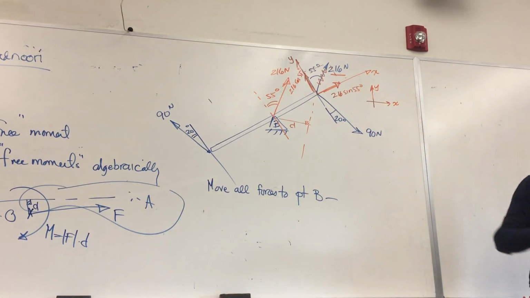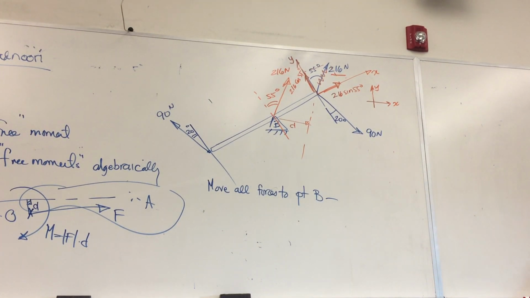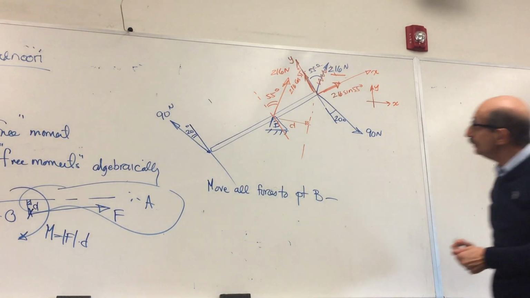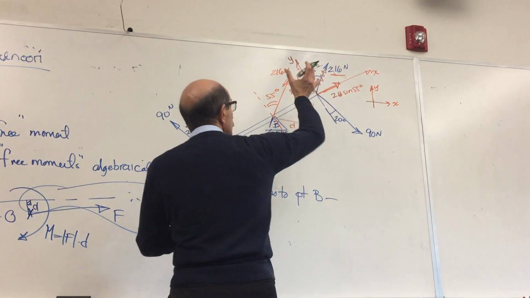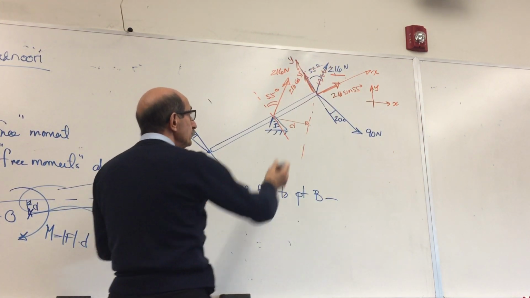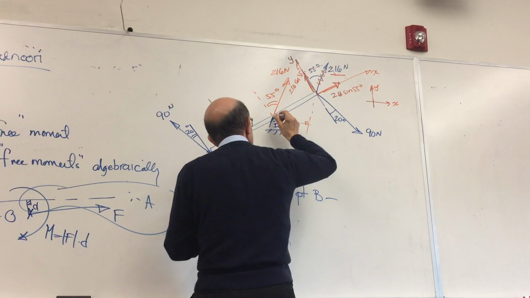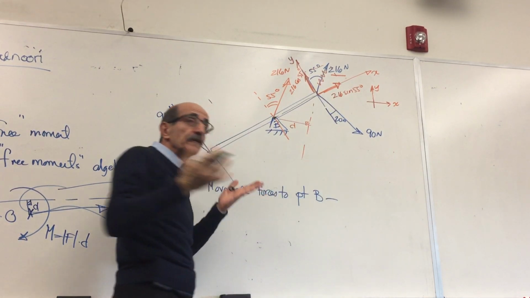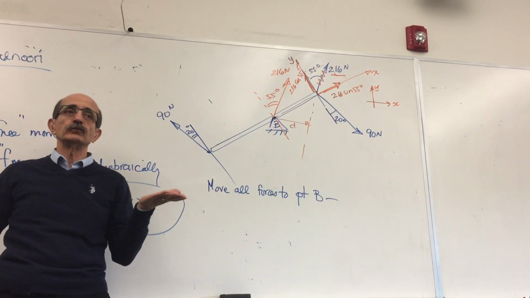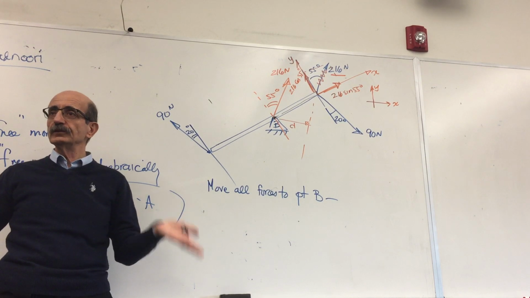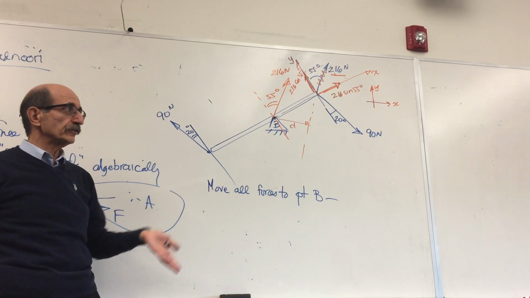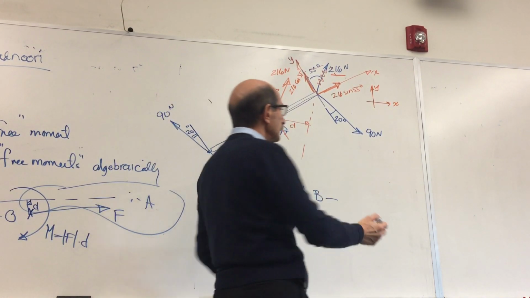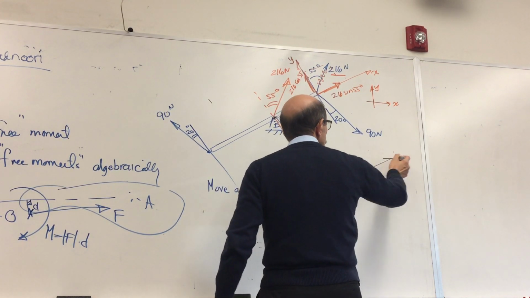The nice thing about setting up the coordinate system like that, as you can immediately see, is what? If you want to take the moment of these two forces, this force is passing through point B. That means the moment of that force about point B is what? Zero. There is no vertical distance between this point and the line of action of this force, right?